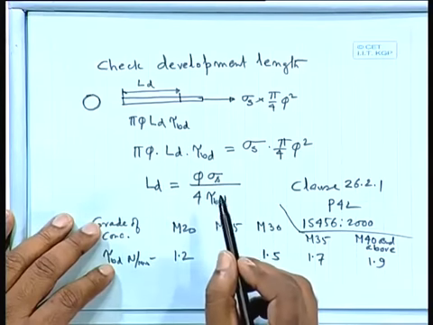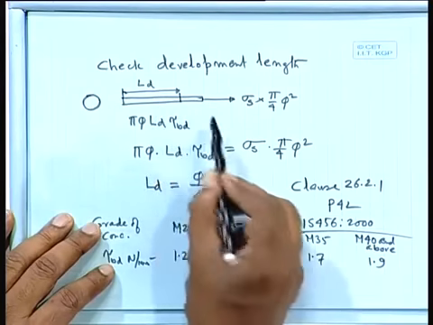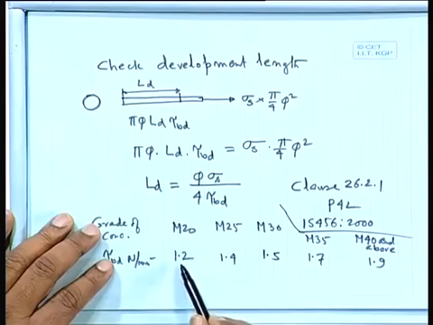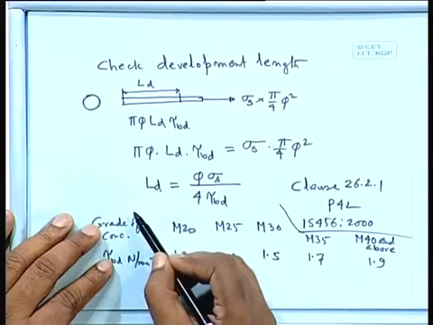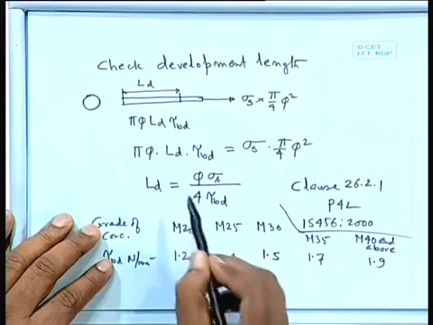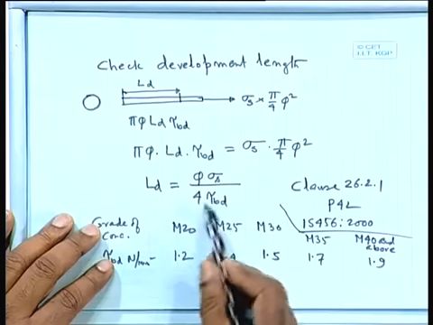For plain bar, mild steel bar, whatever you get, the bond stress will be increased by 60%, so you multiply it with 1.6. In other words, LD will be reduced, divided by 1.6. So, generally we take tau BD equal to 1.2 times 1.6 and you can find it out.